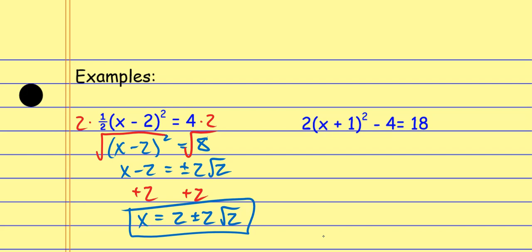If I look at the next one, once again, working backwards through order of operations, I undo addition and subtraction first. So I undo the subtraction by adding the 4 to each side. Now I undo the multiplication by dividing each side.